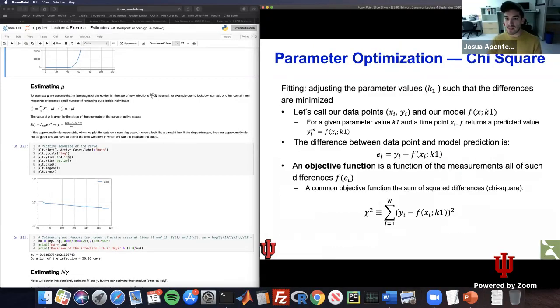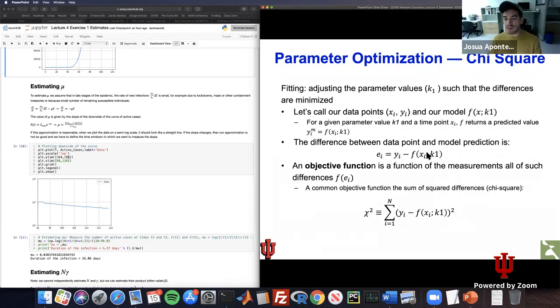As I said, the fitting algorithm tests or adjusts different values of the parameters to minimize the differences between our data points, which we're calling here X1, Y1, and our model prediction.